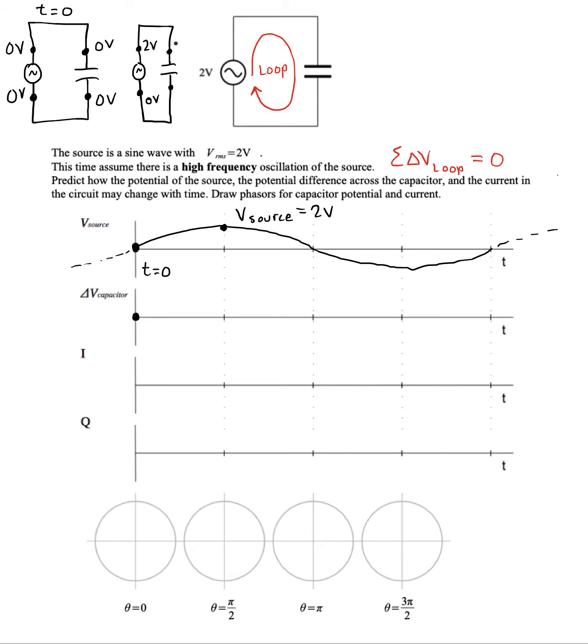It must be that this point is also at 2 volts, and this point is at 0 volts. So the potential difference across the capacitor is actually going to follow the potential difference across the source.